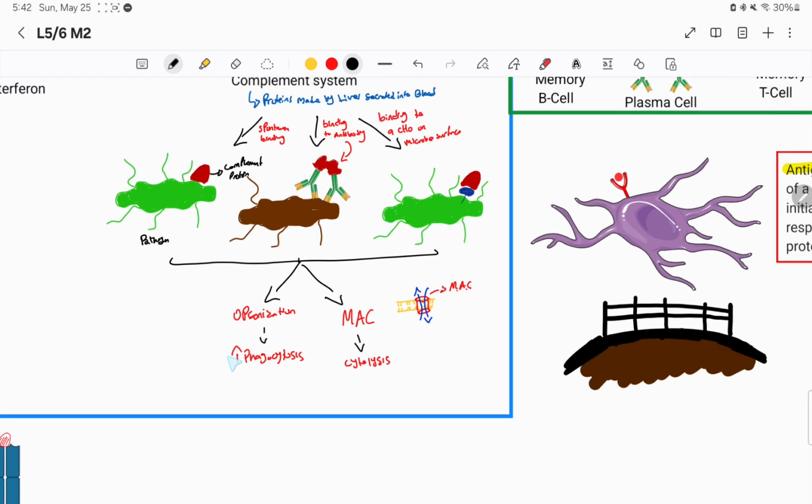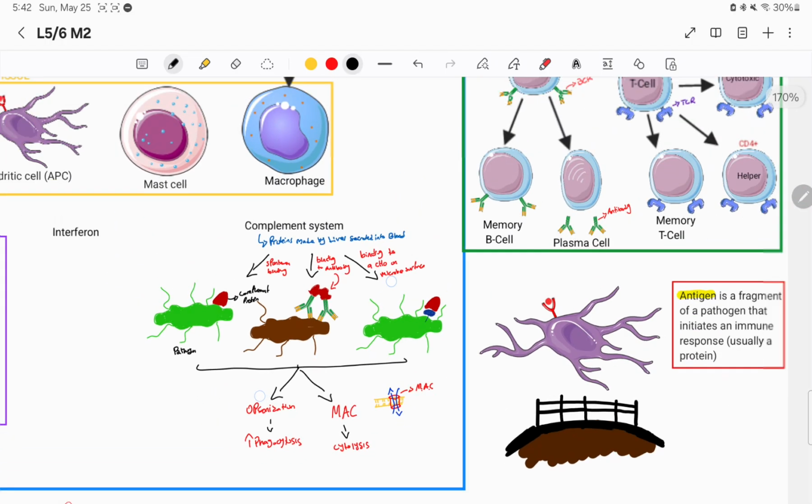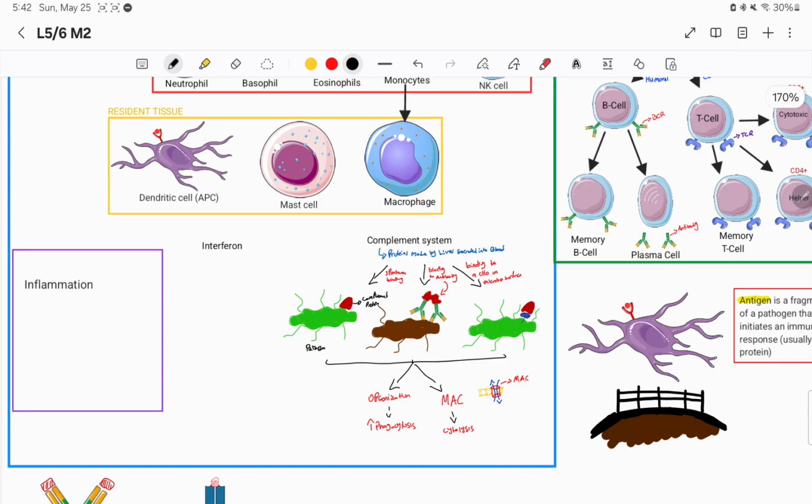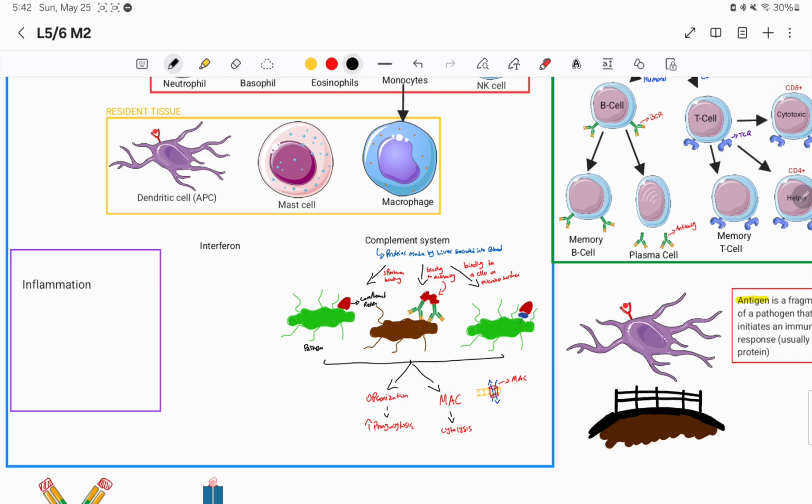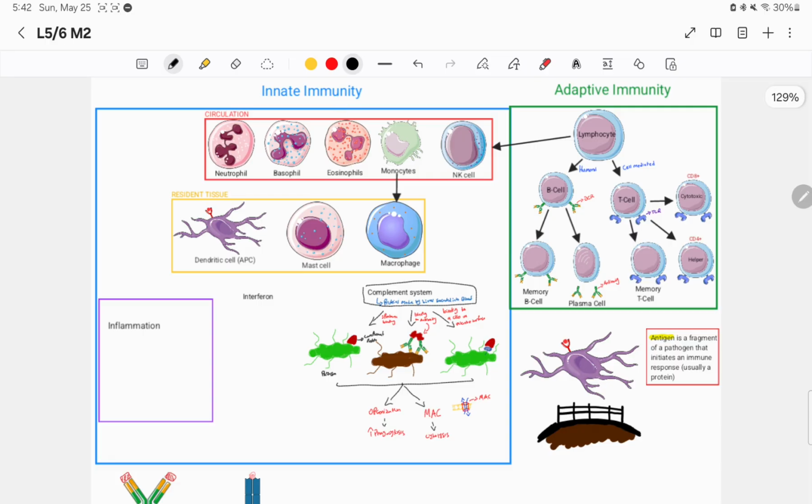It is tagging the actual microorganism and making it look more tasty for phagocytosis by our macrophages or our neutrophils, okay? And it increases the rate of that. Alrighty, so that's the complement system, okay? And that's how the complement system helps defend us. And again, it's all part of the innate system, okay?